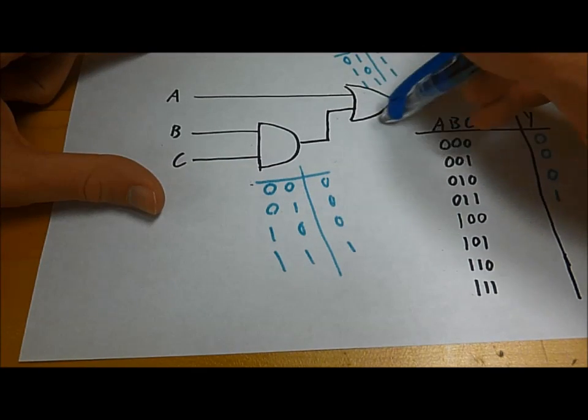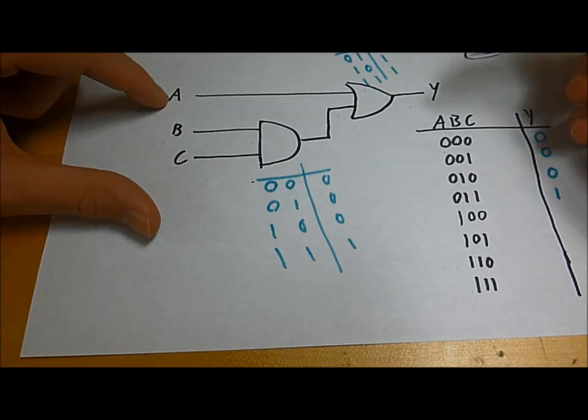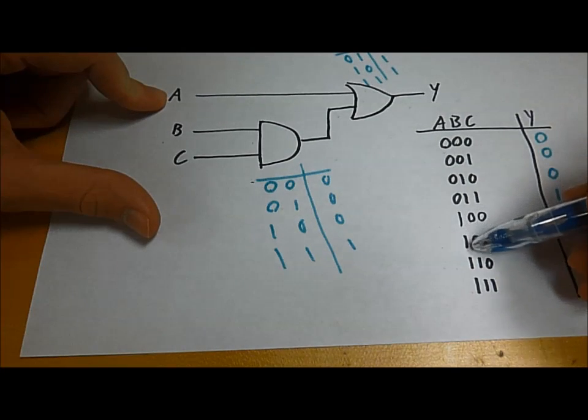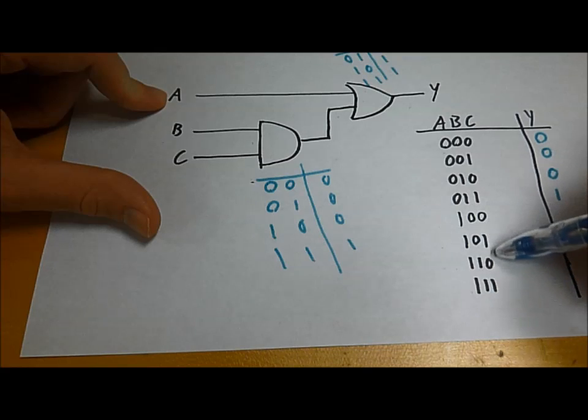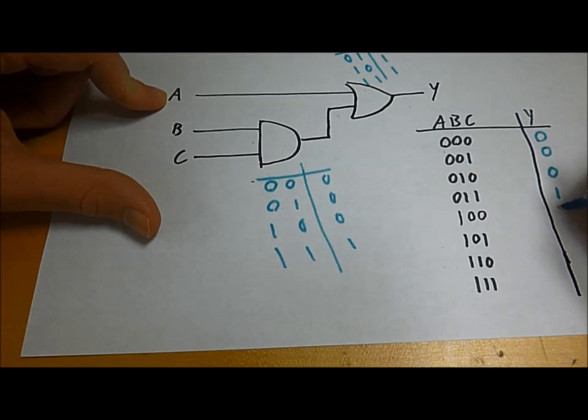Let's talk about this OR gate. Anytime we have a 1 at an OR gate, we know that the output of Y will be 1. So, since A is now 1 for the rest of these inputs, we know that our output has to be 1, 1, 1, 1.